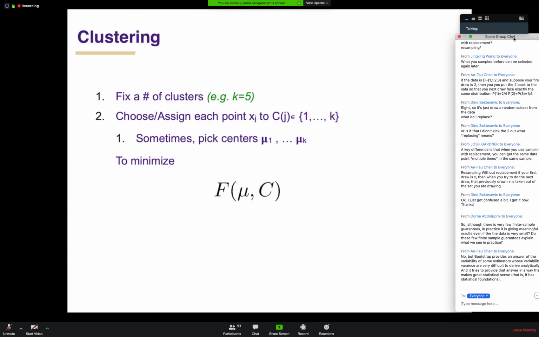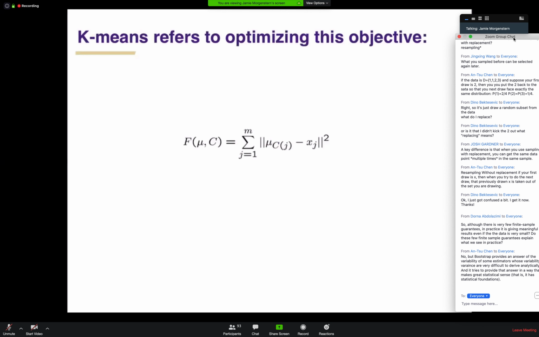K-means is just a particular objective function you might care about optimizing when considering some clustering. The objective function asks, we're going to pick some centers for each of our K clusters. So this is an example of a clustering objective that actually wants centers for each of the clusters.